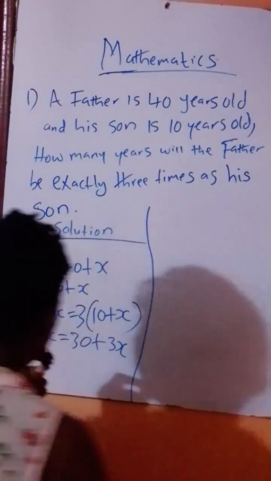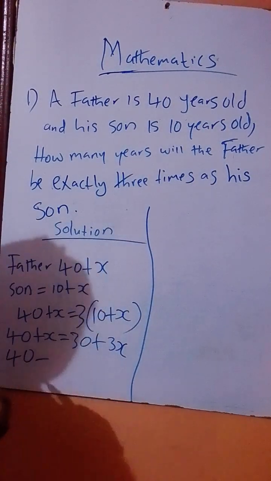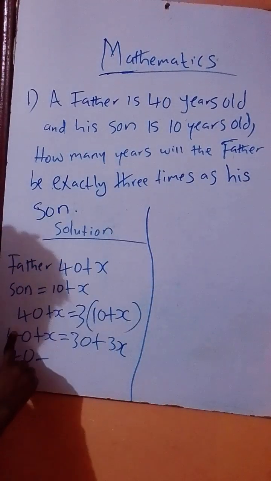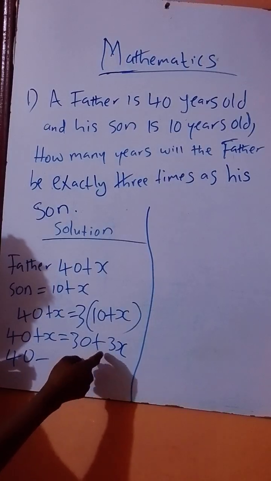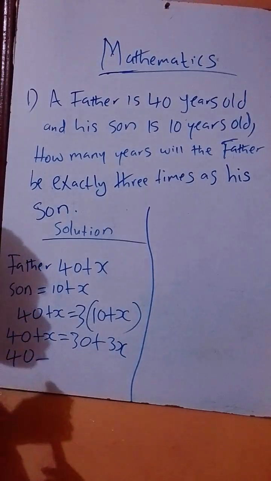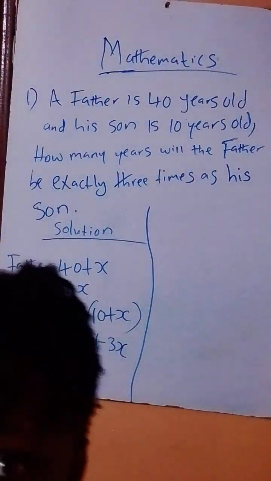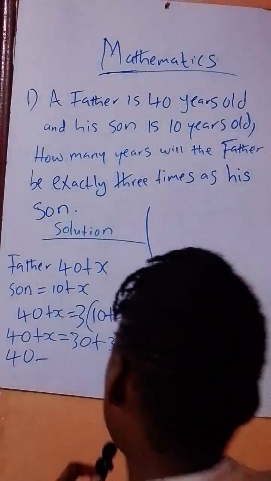Collecting the like terms, we'll have 40 minus, this 40 we bring down. This 30, when it crosses the equal sign, changes from plus to minus.